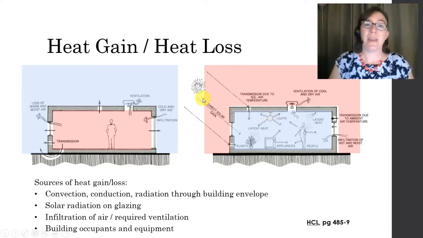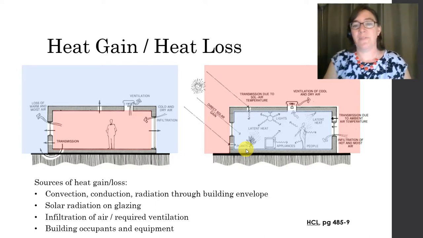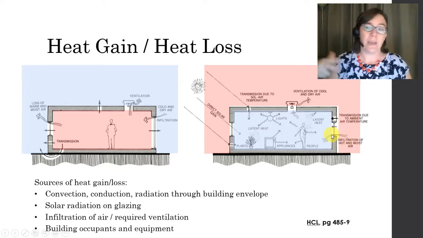It's gaining heat from radiation right through the window. It's gaining heat from conduction through the walls and through the roofs, right into the space. And finally, it's gaining heat from infiltration when hot, moist air sneaks into the building.